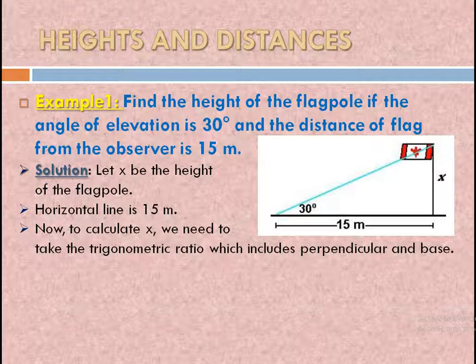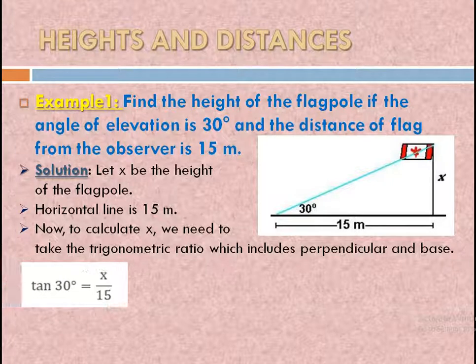That means you can take tan or cot. Here I take tan, and we know that tan theta is equal to perpendicular by base. Here tan 30 degrees is equal to x by 15, because here the perpendicular is x and the base is 15 meters.